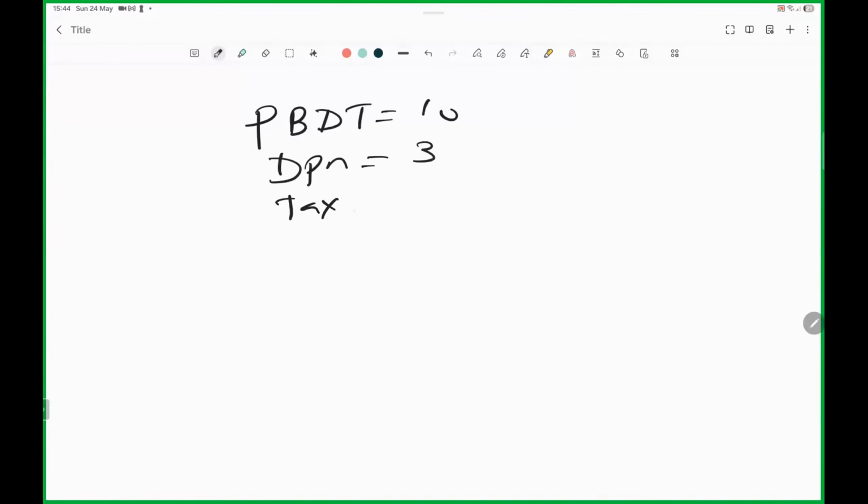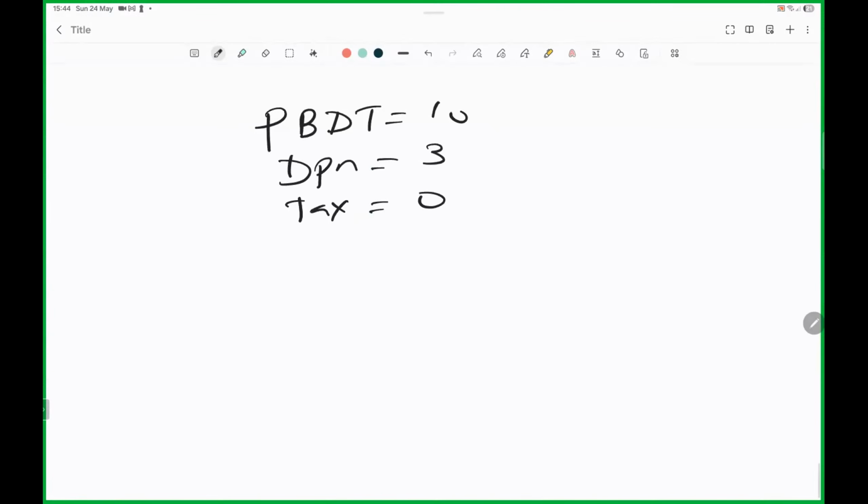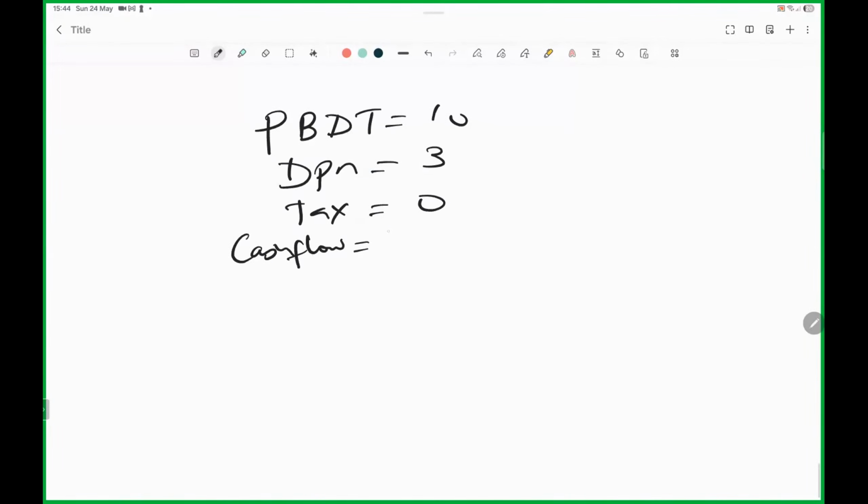Then the rate of tax equals what here? 0. Please, when you're looking for cash flow, for purpose of discounting, don't bother with it. Because if this is 0, then there is no shield we'll get. So this cash flow will be equal to PBDT, which will be 10.